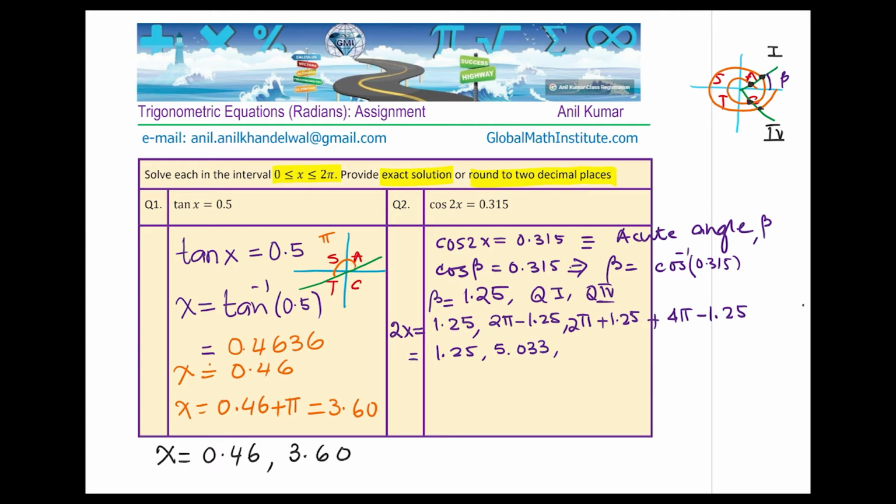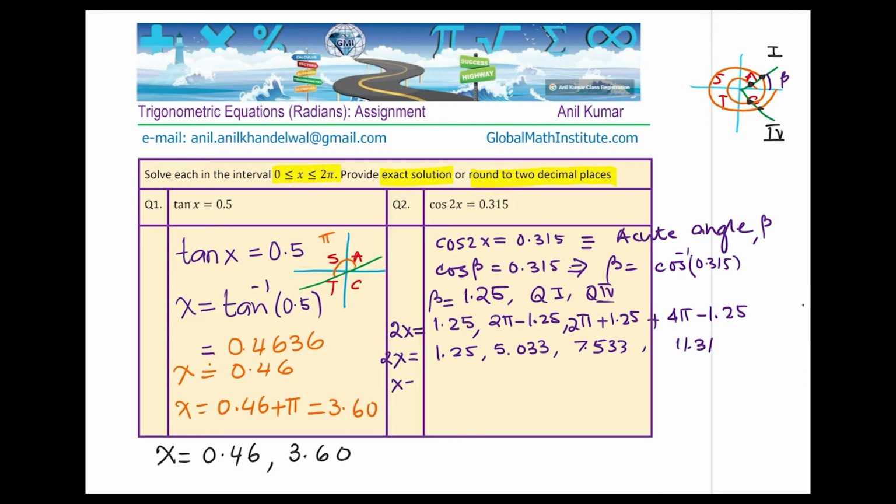And now to this, we are going to add another 2 pi to get the last value. So I'll add to this plus 2 pi. This is 11.31. And to 1.25 also I'll add 2 pi, which gives 7.533.